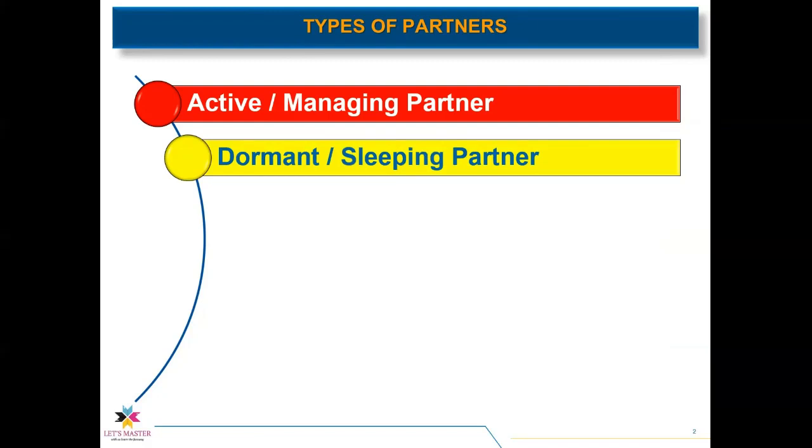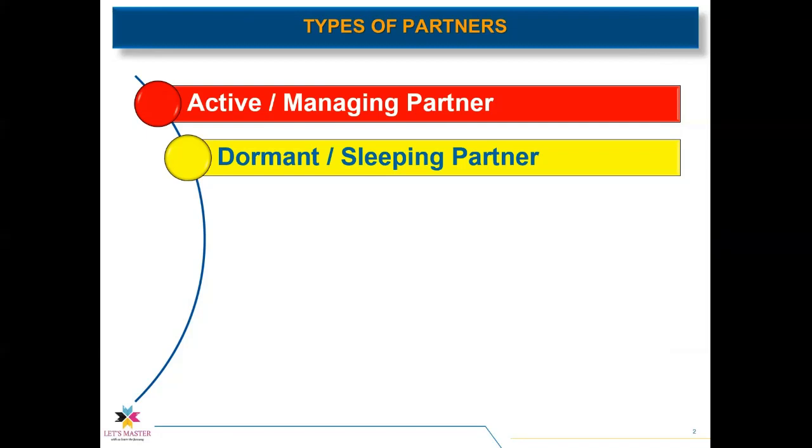These are the partners who have actually contributed capital or their resources to the partnership firm, but they are not taking active participation in the day-to-day management of activities of the partnership firm. So they are termed dormant partners or sleeping partners.